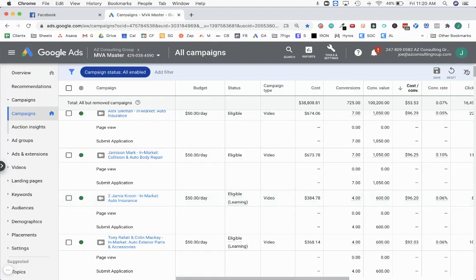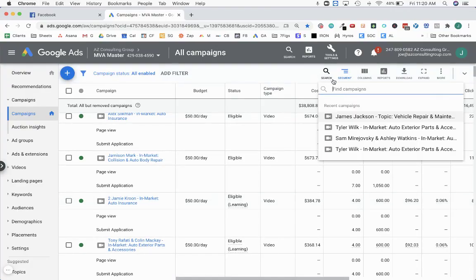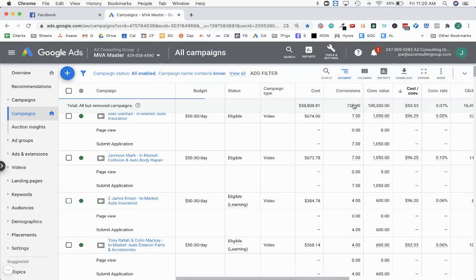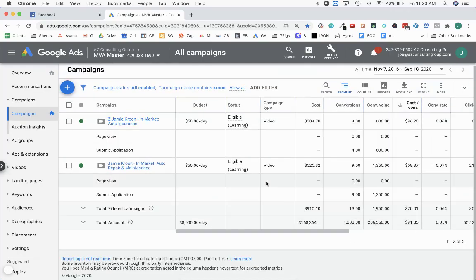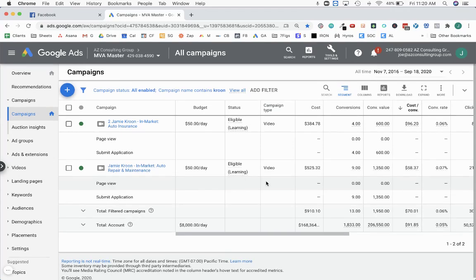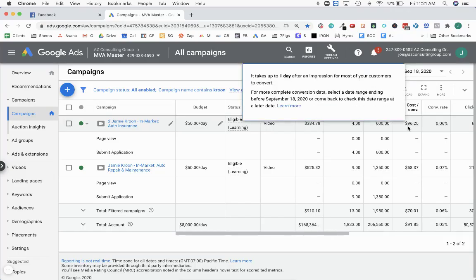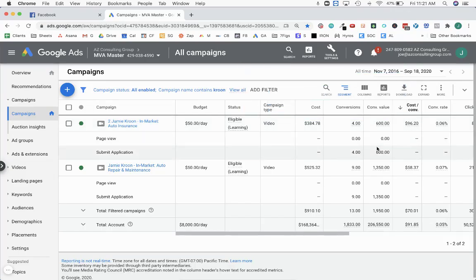Jamie Kroon. And here's another great example. Again, since this is under $100 cost per lead, I'm going to keep this running until it gets to around 120, and then turn it off.